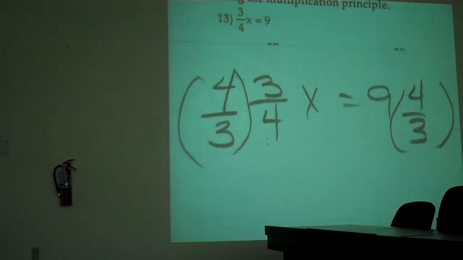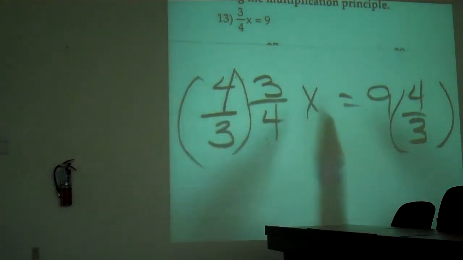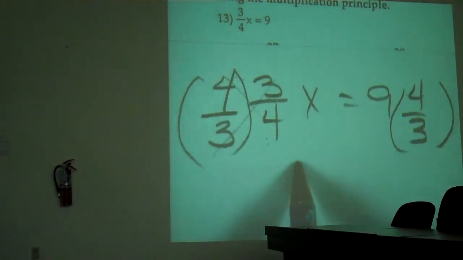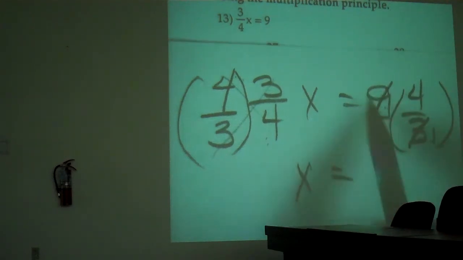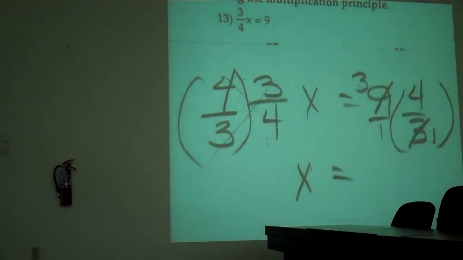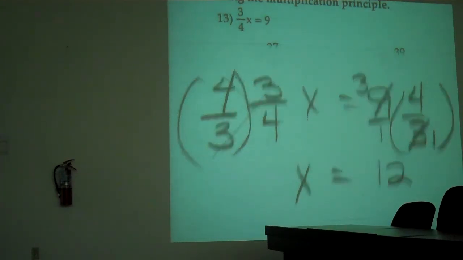That'll make it be one step instead of two. So we have 12 over 12. This cancels into 1. 1x is x. And then here we could divide by 3. Divide by 3, divide by 3. So we have 3 times 4 is 12. Okay?